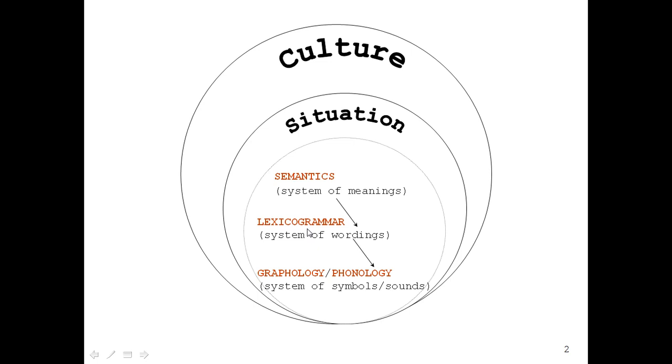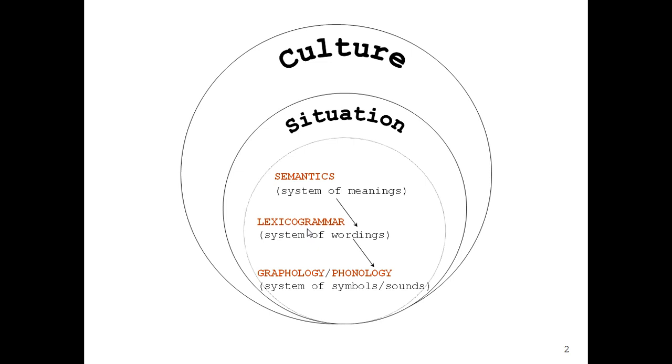As you may remember from the first part of this lecture, I told you that in functional grammar, we should never look at grammar as separated from the vocabulary. They are one. One does not exist without the other. So we should look at them together, and that's why I encourage you to talk about lexicogrammar rather than just grammar.